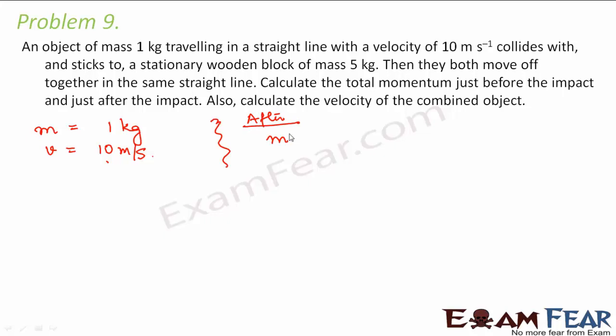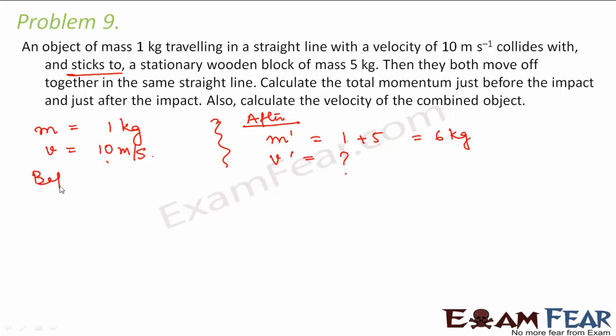The total mass m dash becomes equal to the mass of the block plus the mass of the object, because after collision they both stick together, because here it says it sticks to the stationary block. So the mass after collision becomes 1 kg plus 5 kg, that is equal to 6 kgs. And the velocity with which they move after collision, that we have to calculate.